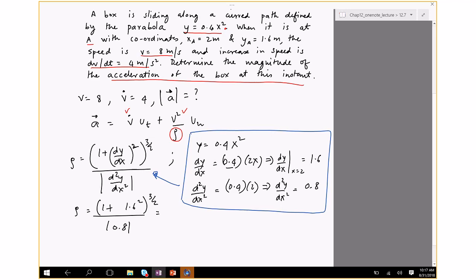Oh yeah, you mean here? I think I subbed in the value for x, so I get 1.6. So this is 8.39 meters.